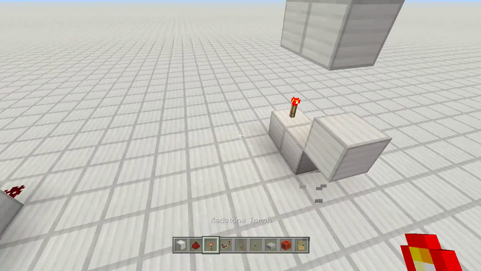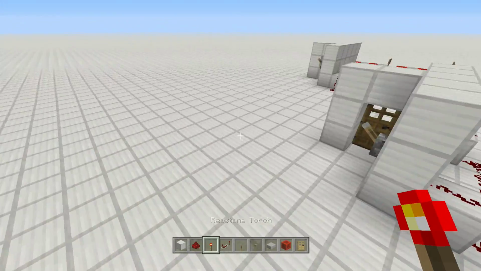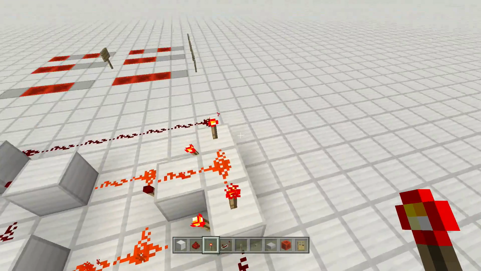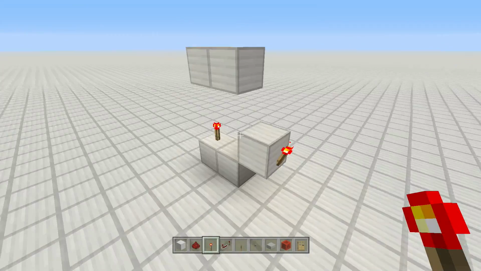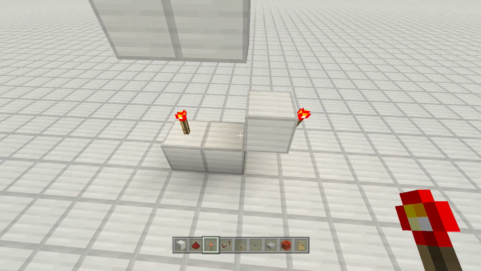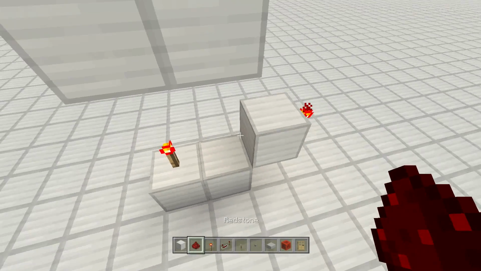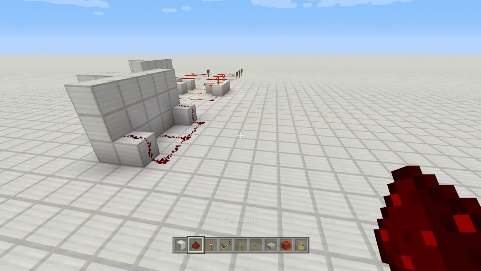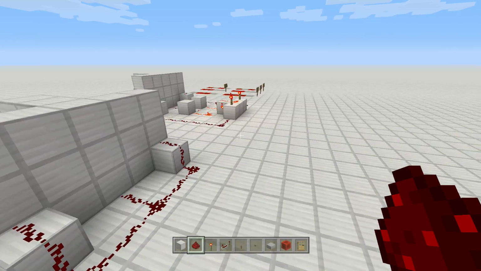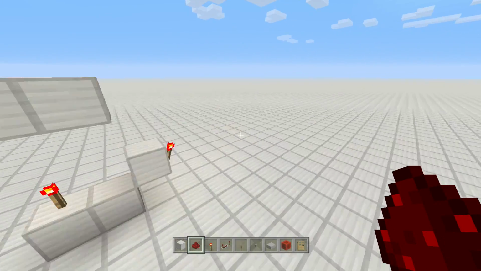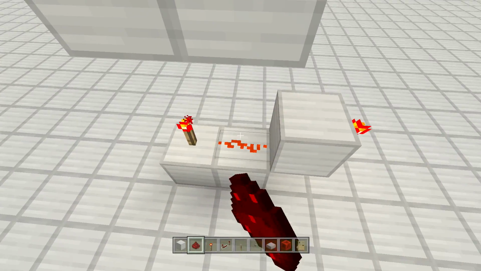So the way he made it, a 2-tick XOR gate. This XOR gate is also 2-tick, but this one, he kept it 2 ticks and made it way higher than this, but he made it 2 blocks wide instead of 3 blocks wide, which is awesome.